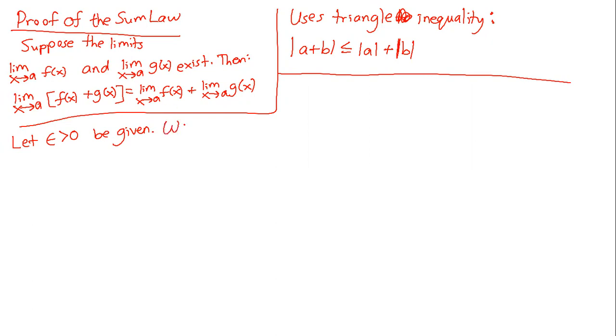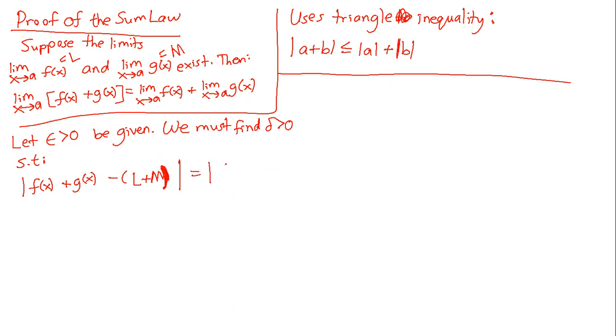So when that's true and someone gives me a challenge, we must find delta greater than 0 such that the absolute value of f of x plus g of x minus L plus M is equal to f of x minus L plus g of x minus M. I should have stated that this limit is equal to L and this limit is equal to M. That also doesn't look like an M right there. M.